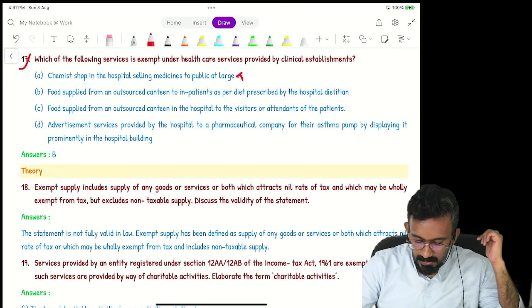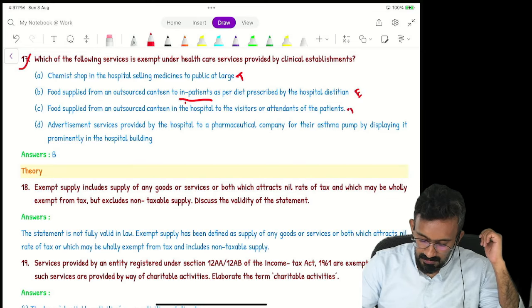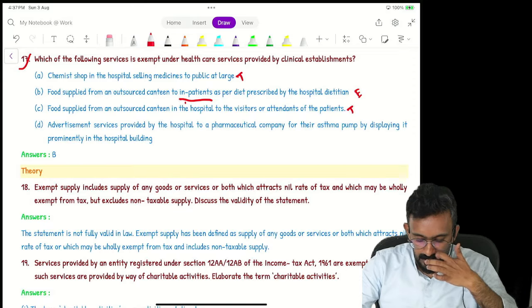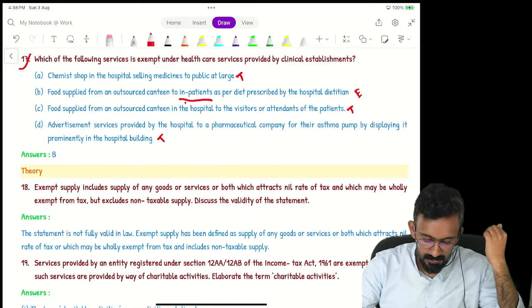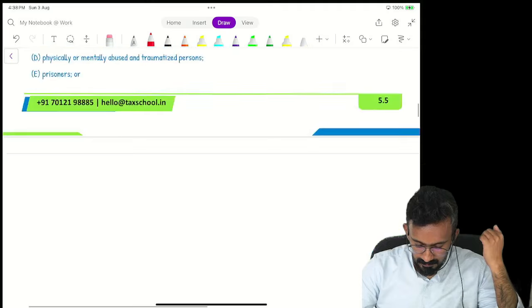Food supplied from outsourced canteen to inpatients. Exempt. Food supplied from outsourced canteen in hospital to visitors and attendants. Advertisement services provided by hospital to pharmaceutical company for an asthma pump, displaying it prominently in hospital building. Taxable. So only B is the correct answer.